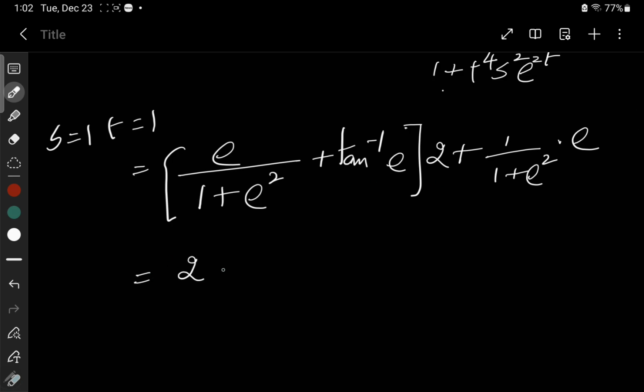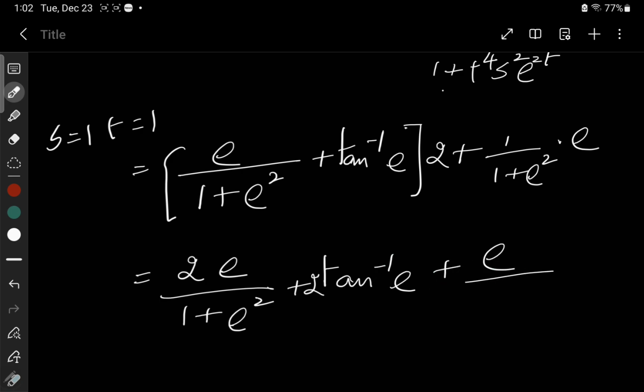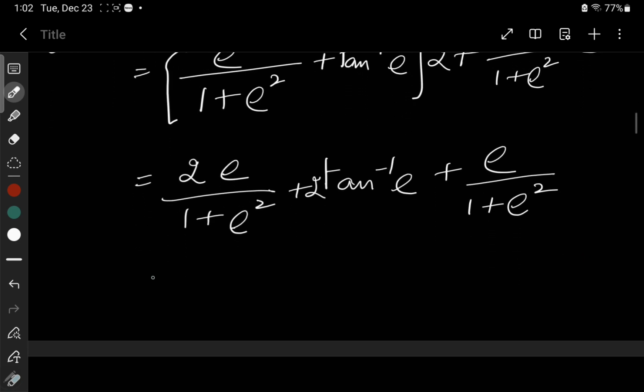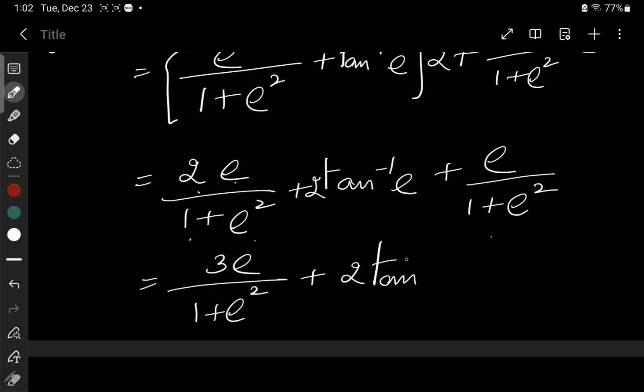Multiply with the 2e by 1 plus e squared plus 2 times tan inverse e plus e by 1 plus e squared. So actually the denominator is the same, 1 plus e squared. See, numerator 2e plus e is 3e, plus 2 times tan inverse e. This is the answer.